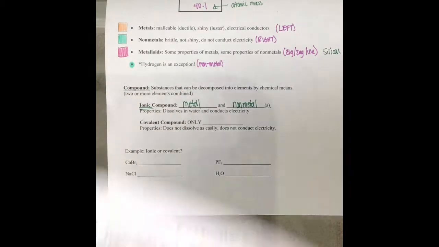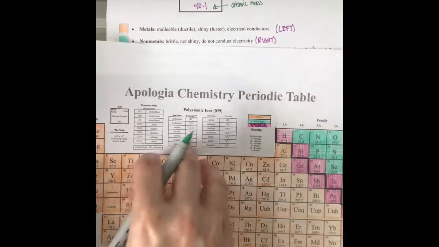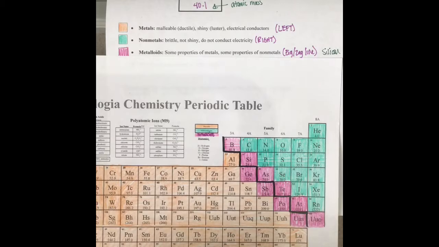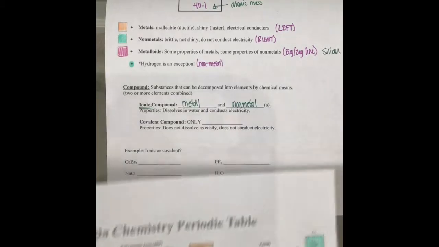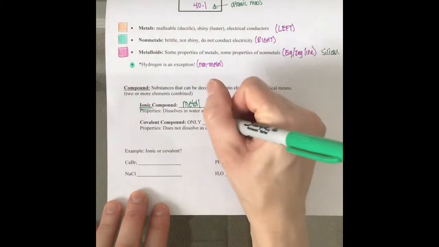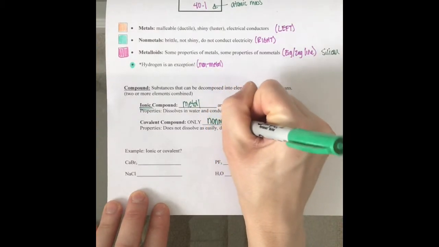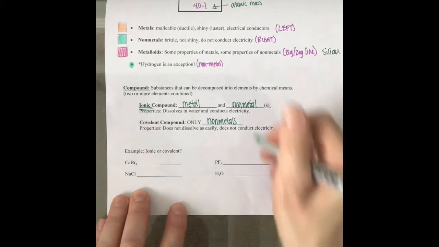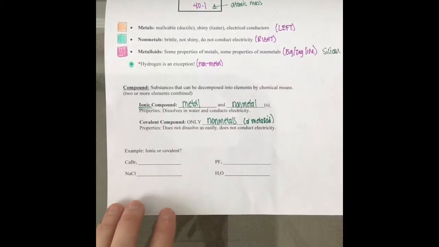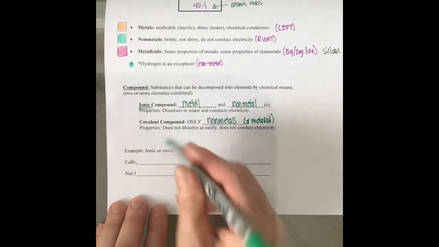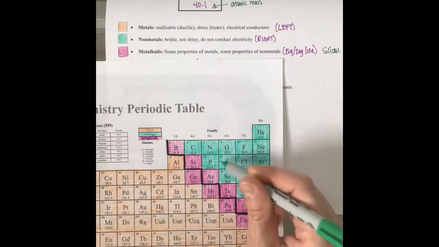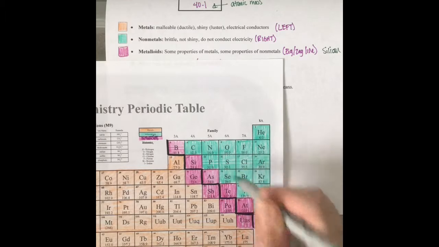So that means you would need an element from the metals and an element from the nonmetals to join together in order to make a compound. A covalent compound is non-metals only, or a metalloid, but you definitely do not have a metal in a covalent compound. Non-metals, metalloids only. So you're going to be picking just from right here when you form covalent compounds.